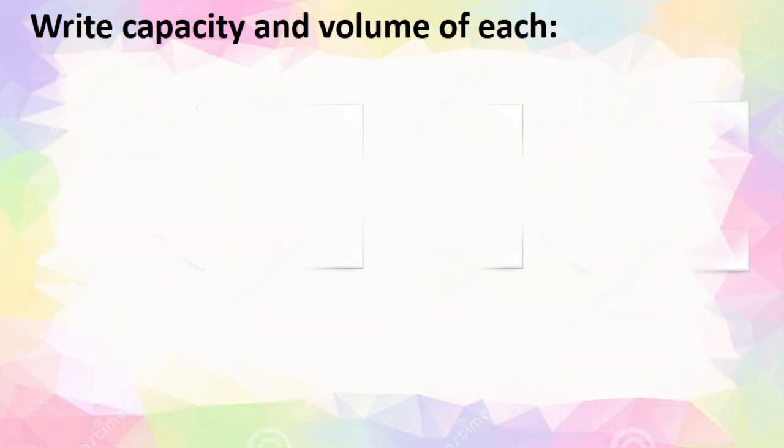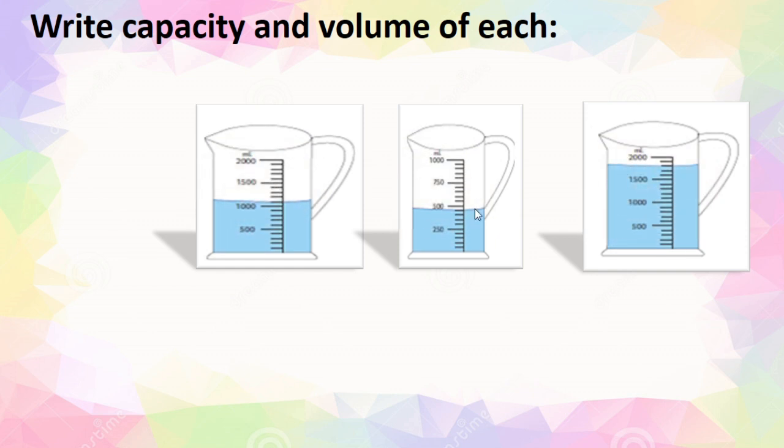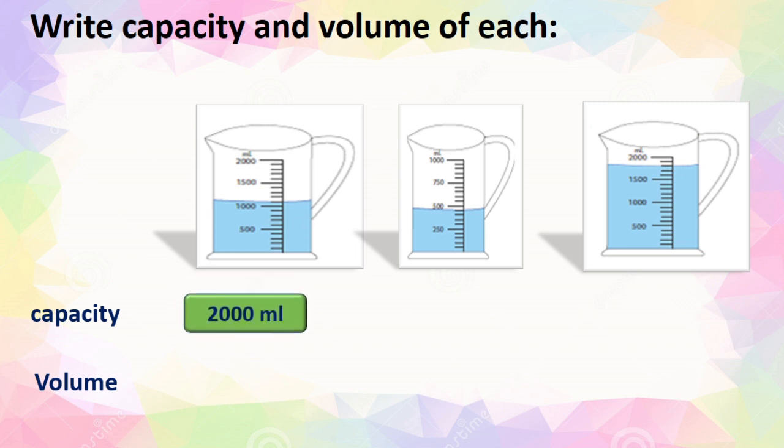Write capacity and volume of each. Yes, we know the meaning of capacity and we know the meaning of volume too, isn't it? Okay, we will try to write the capacity and volume of this first jar. See here. Now we will move to second jar.